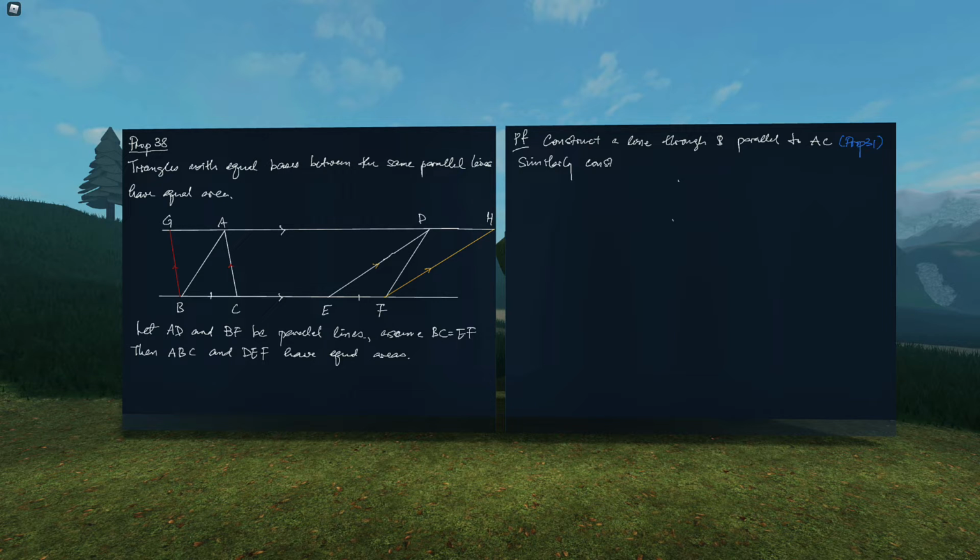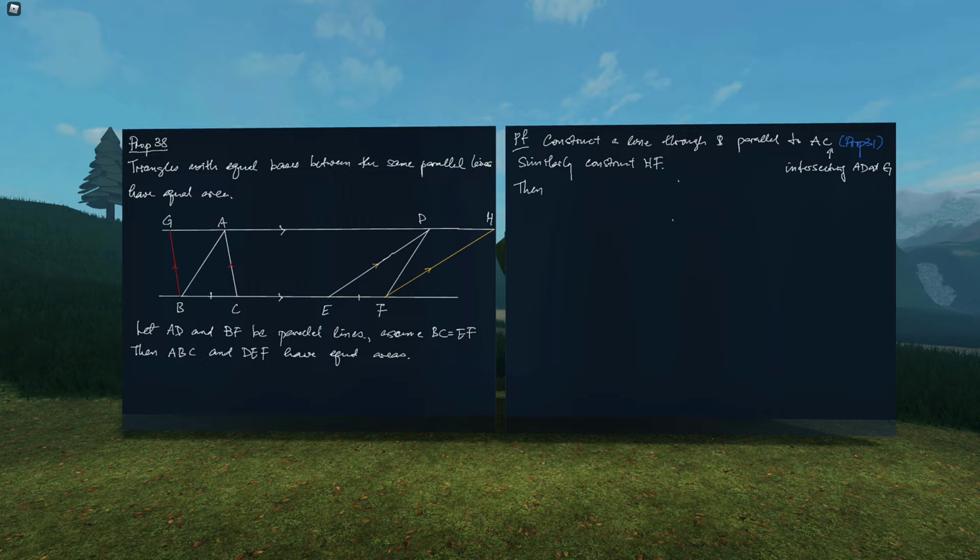Construct HF. Maybe I should say through B parallel to AC, intersecting AD at G. Basically what's in the diagram, but just written down in words.